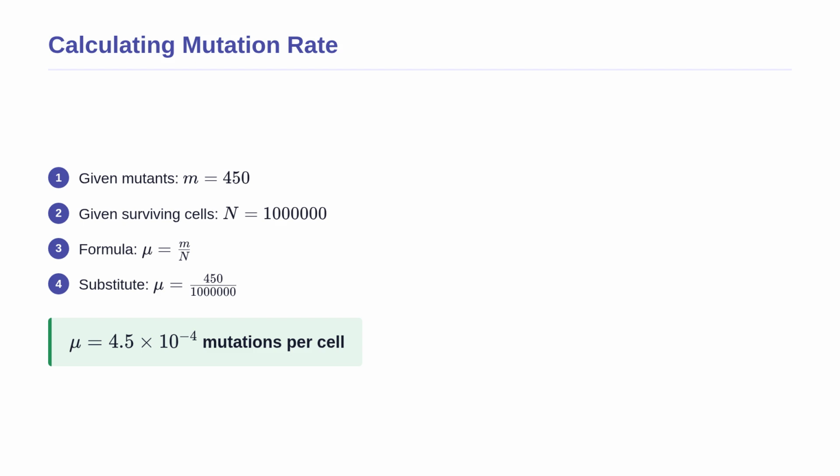We use the formula mu equals m divided by n. Substituting our values, we divide 450 by 1 million. Simplifying this into scientific notation, we get 4.5 times 10 to the power of -4 mutations per cell. Practically, this means about 4 or 5 bacteria out of every 10,000 will develop a mutation, proving EMS is highly potent.